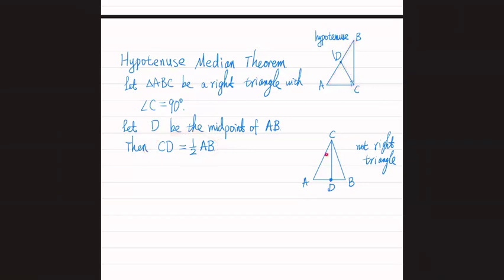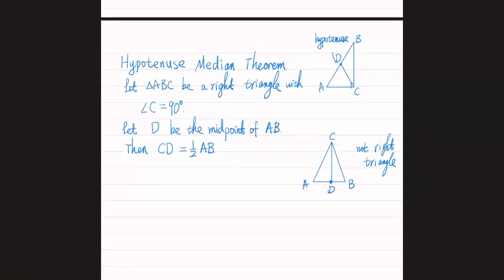But in a general triangle, we don't have such a property. This median line may be longer than the whole AB, not just half. In particular, if it's not a right triangle, then CD can be different from 1/2 AB. Okay, just a remark.